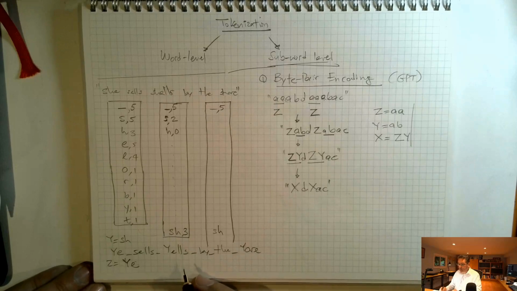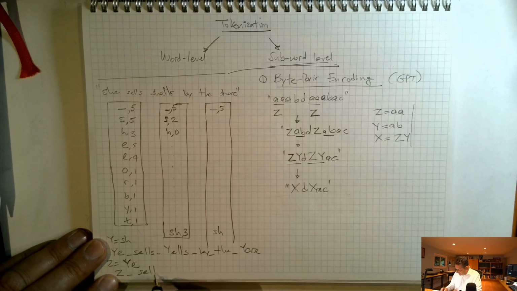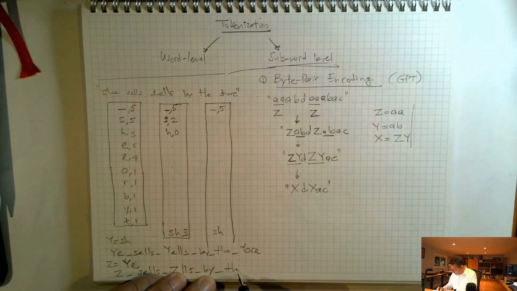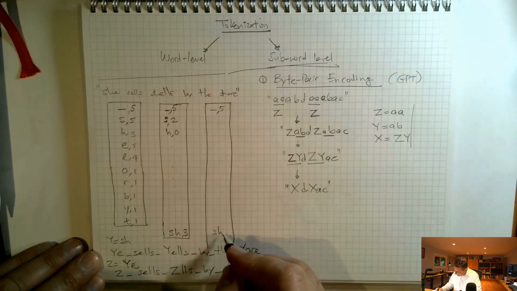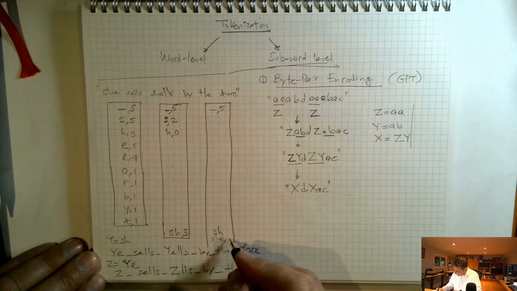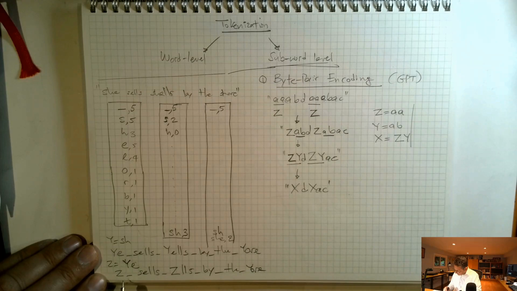And then the sentence will be Z underscore cells underscore Z LLS by the YOR. So we have SH definitely, and then we have SHE of frequency 2. And the number of SHs has gone down to 1.